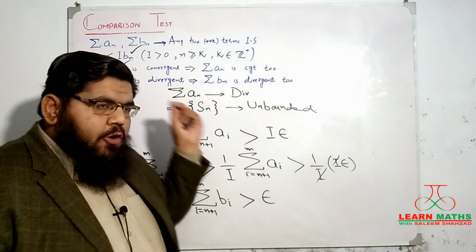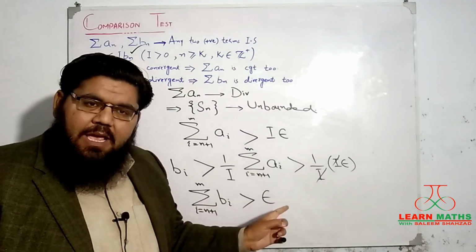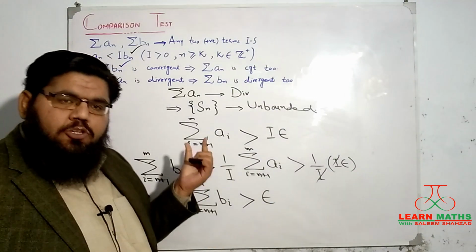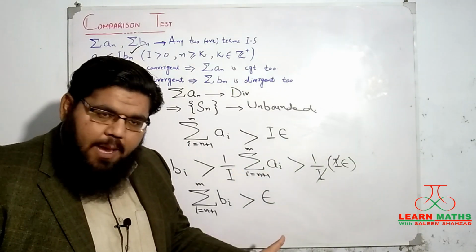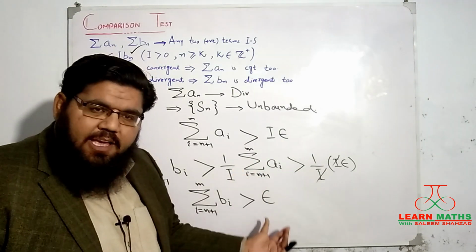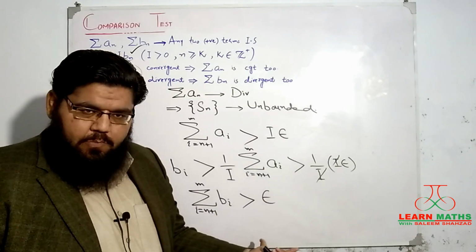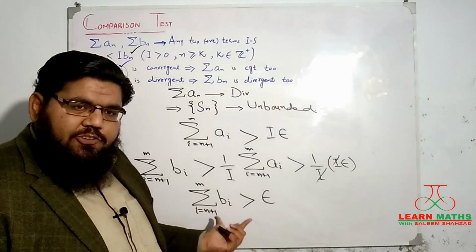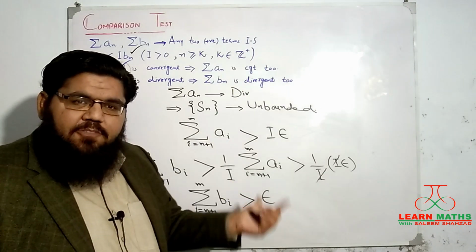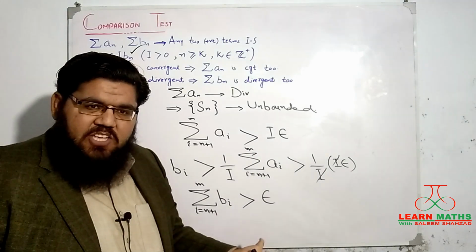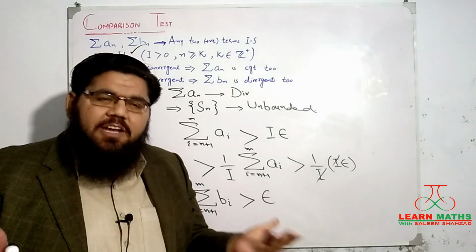So no matter how small or how large you choose epsilon to be, the difference of any two terms of the sequence of partial sums will be greater than your chosen positive real number. This actually violates the condition that a positive term series converges if and only if the sequence of partial sums is bounded.